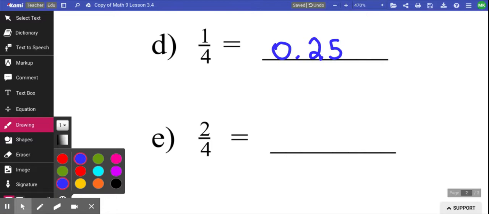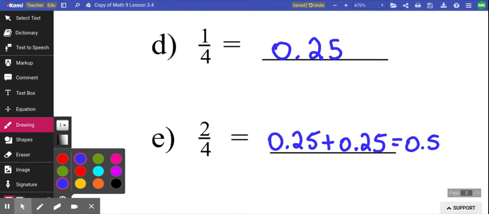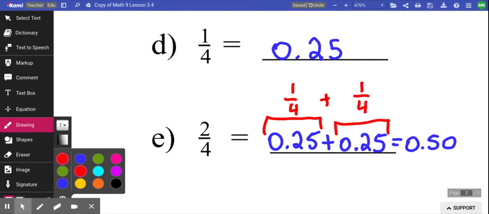You could do 1/4, which is 0.25, plus another fourth, which is 0.25, which would give you 0.50. That's one way to do it. 1/4 plus 1/4 equals 2/4.